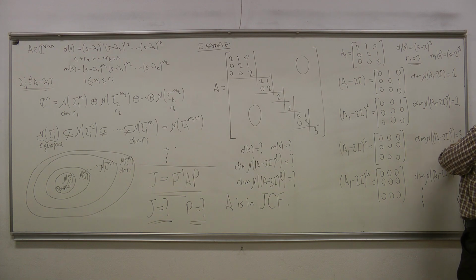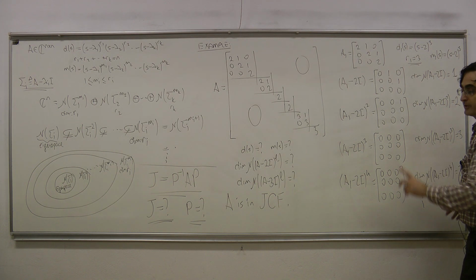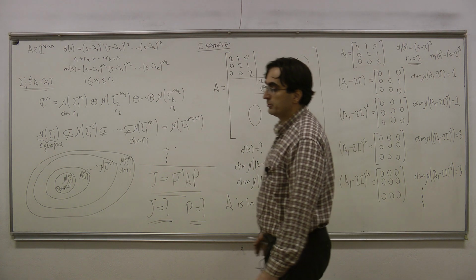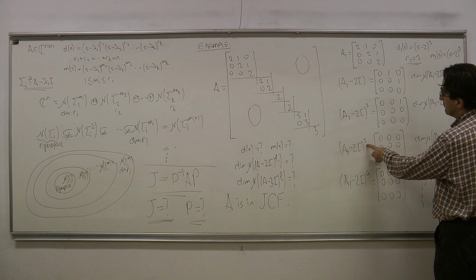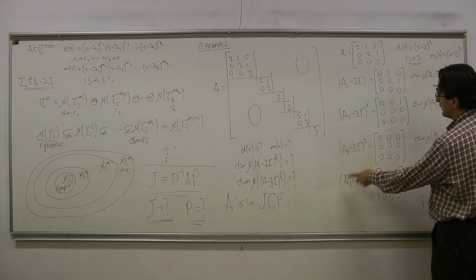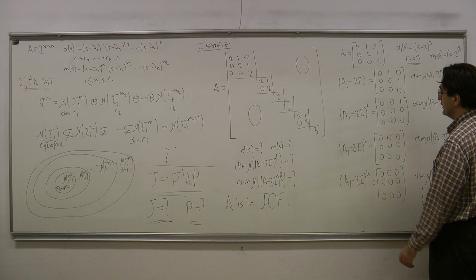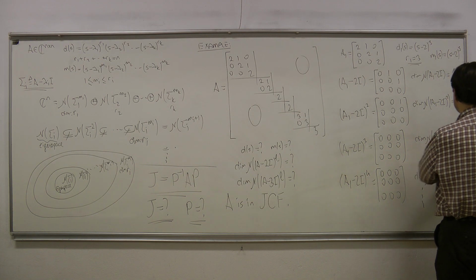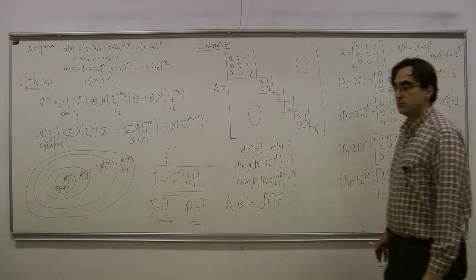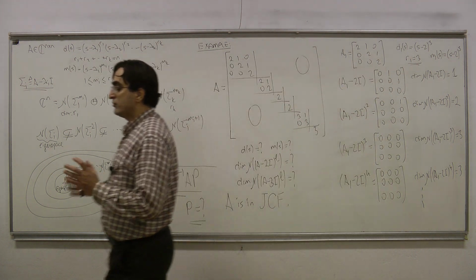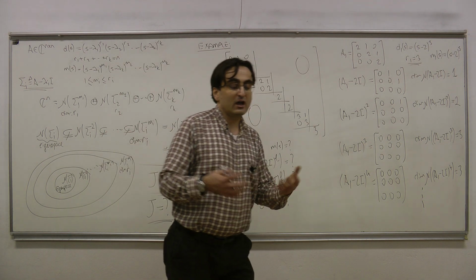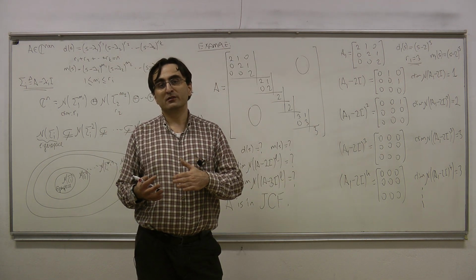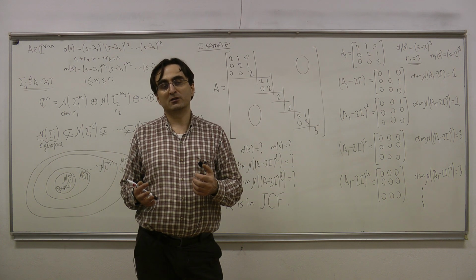The null space is going to increase its dimension by 1, and this is going to be the largest dimension we can reach. This is the largest number of 0 columns that we can reach. If I increase the power above the size of the Jordan block, we see that there is no increase in the null space dimension anymore. Okay? So until we reach the power which is equal to the size of the Jordan block, the null space dimension grows by 1 at each increase of the power by 1.